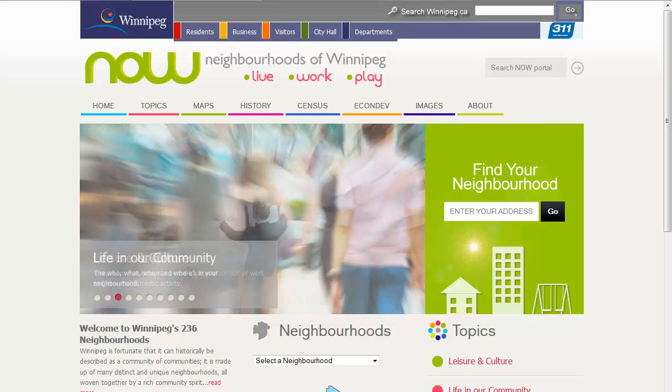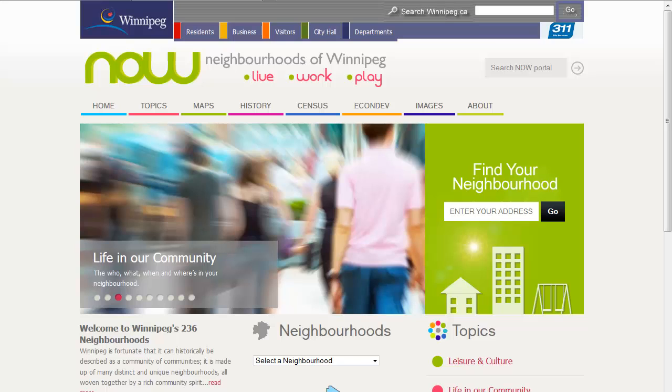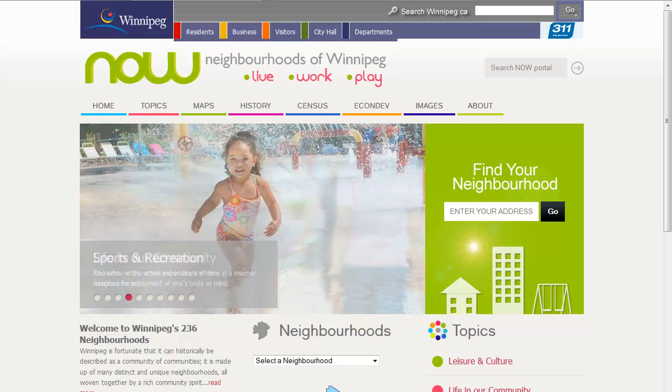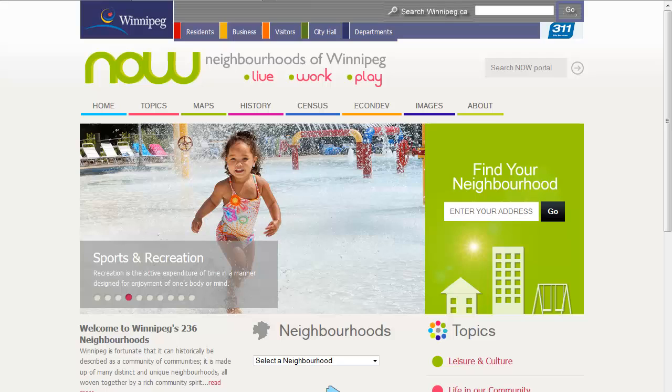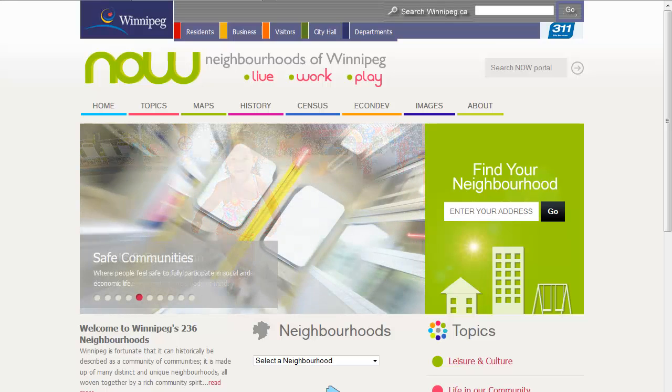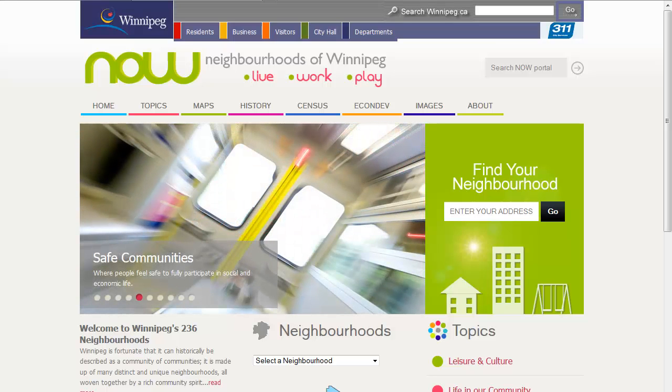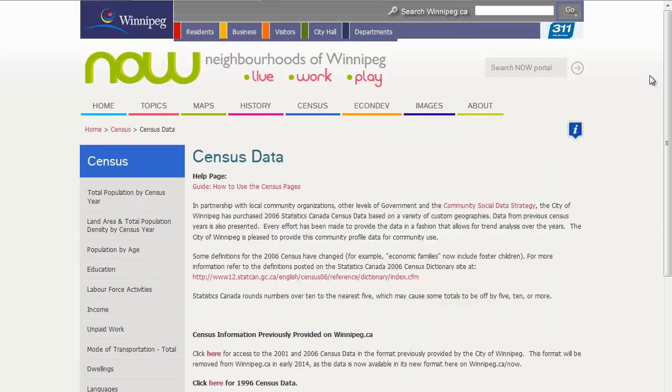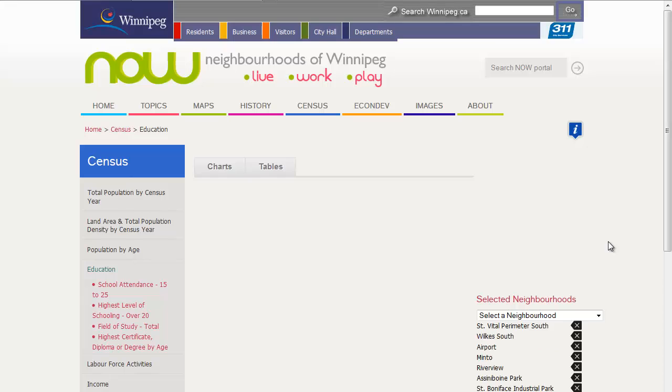Somewhat related to that, we also have a neighborhood view of Winnipeg called the Neighborhoods of Winnipeg. This is sponsored by the City of Winnipeg as a way of publishing and putting forward open data sets, nearly 60 of them now, to their community. It has a neighborhood orientation, again, quite a bit of information regarding census and demographics, education, for example.